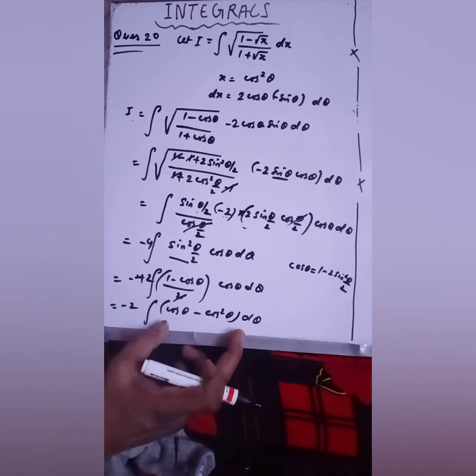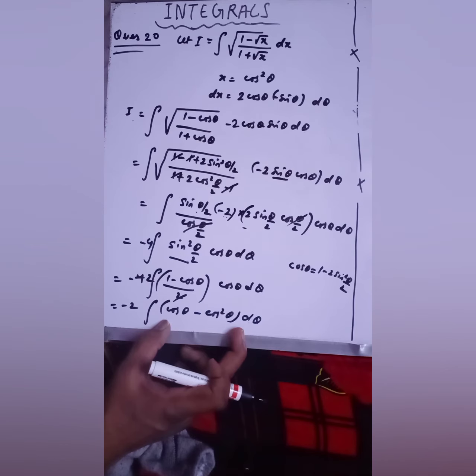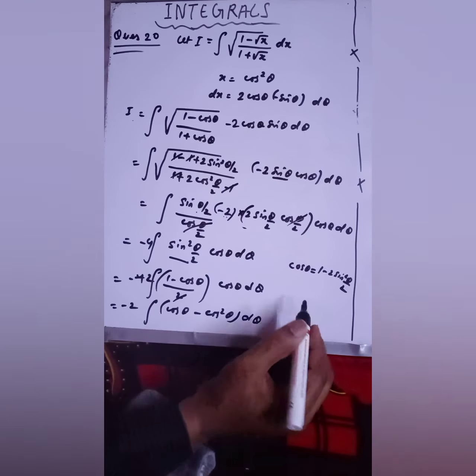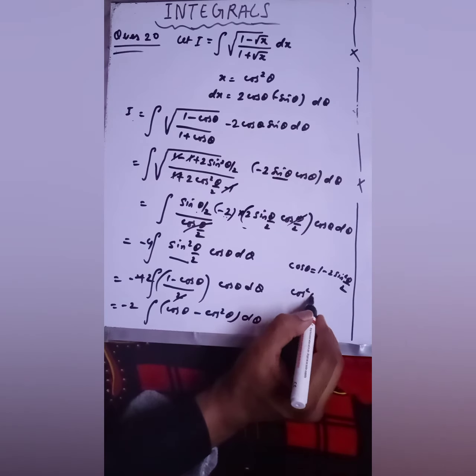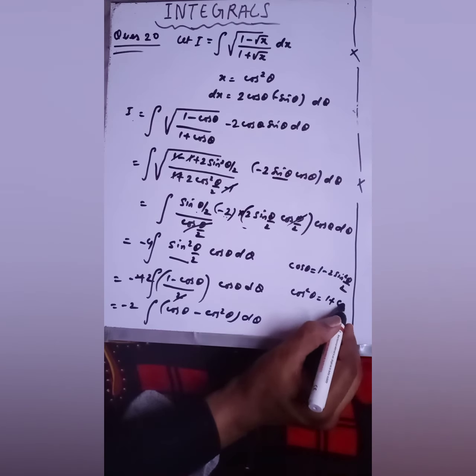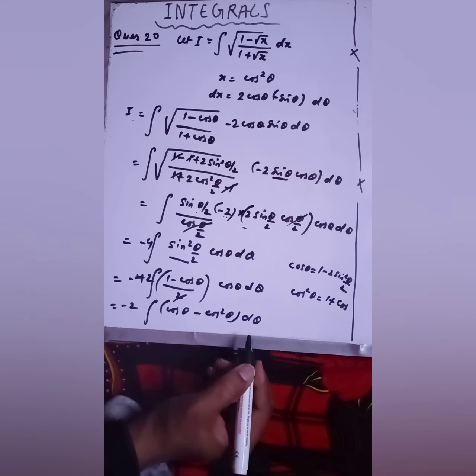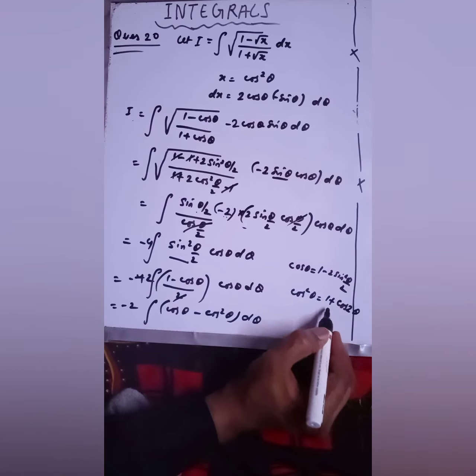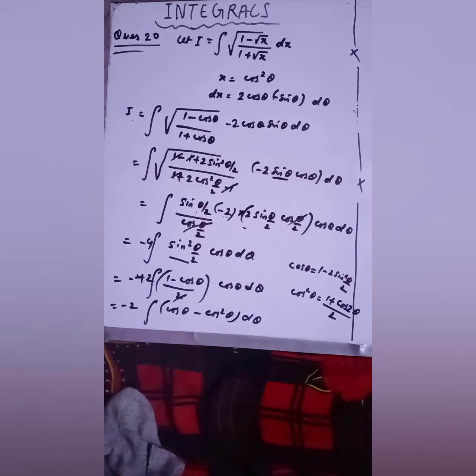So you will get this step. After this step you can solve. It's a very easy question. In place of this cos square theta, we will write 1 plus cos 2 theta by 2. We have done this trick in our exercise 7.3. Got it? So your cos square theta is 1 plus cos 2 theta by 2.